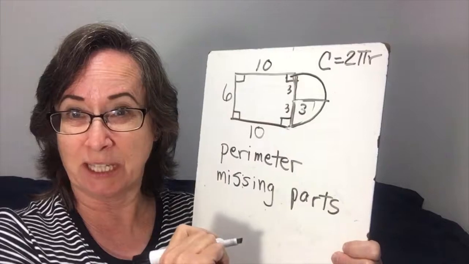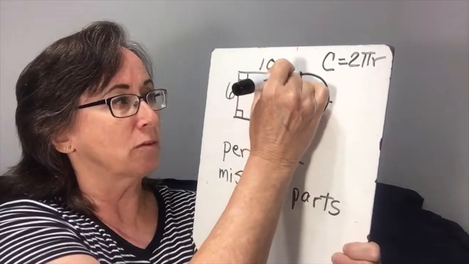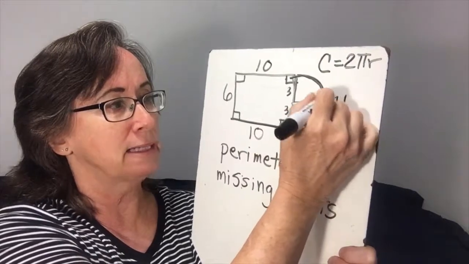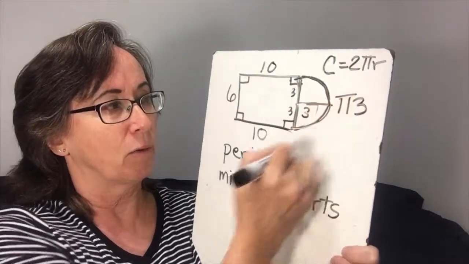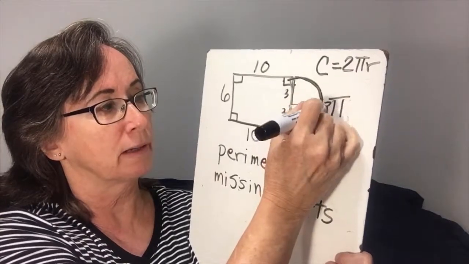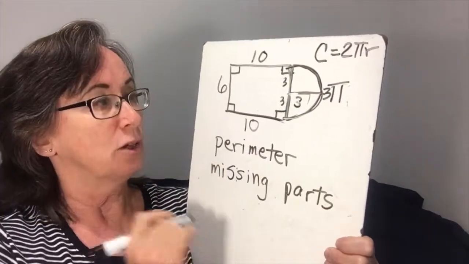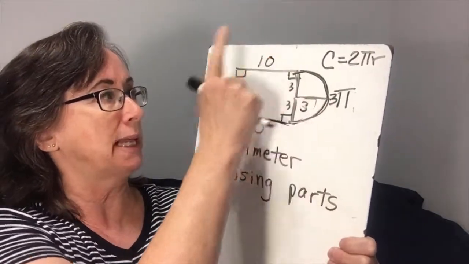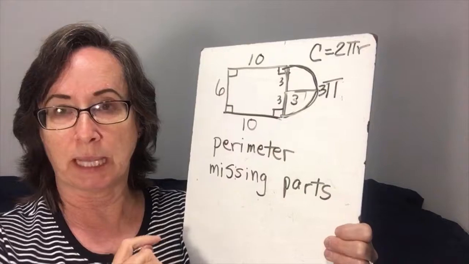Wouldn't we just divide that by 2? So this right here is going to be pi times 3, or 3 pi. Okay, so we'll put the 3 in front. Looks better. 3 pi. So now, isn't our perimeter going to be 3 pi plus 10 plus 6 plus 10?